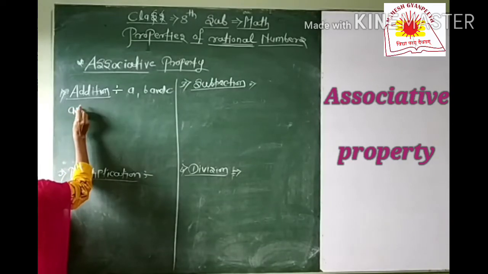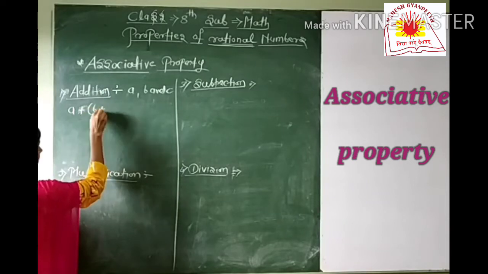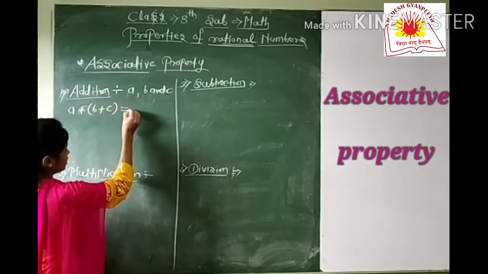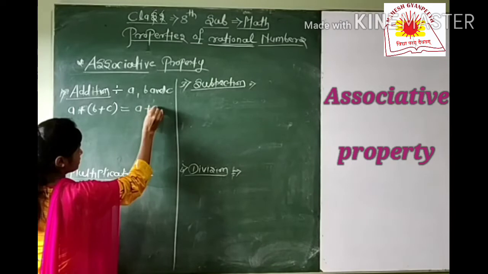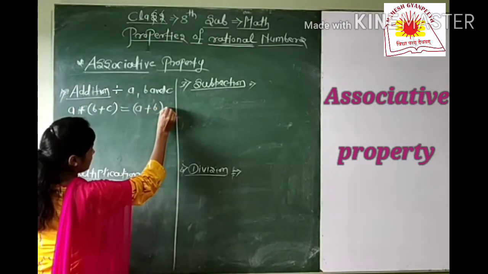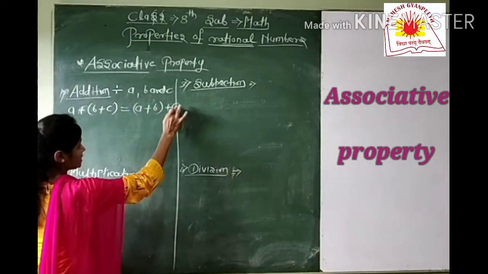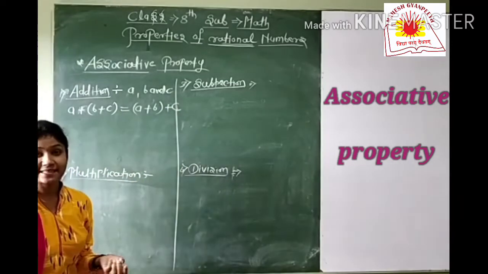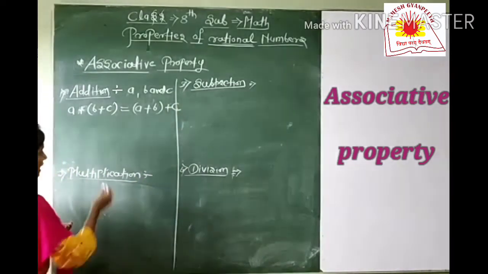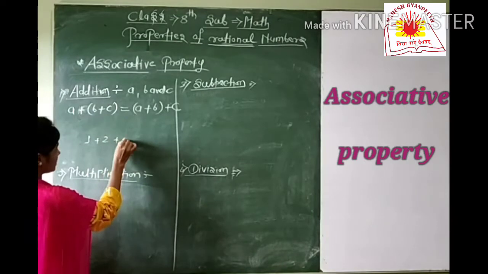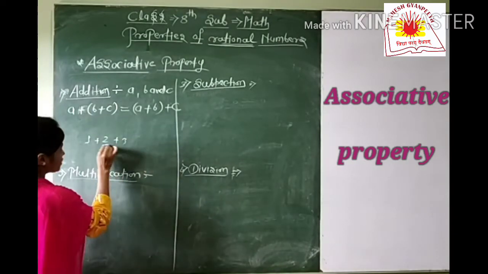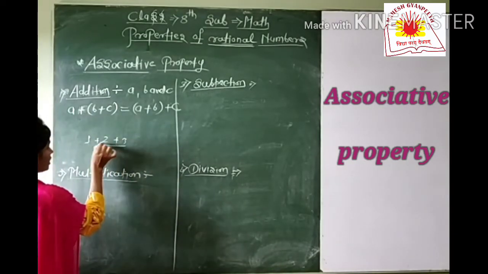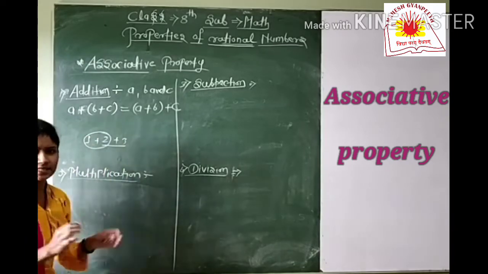A plus in bracket B plus C is equal to in bracket A plus B, plus C. When you add three numbers, for example 1 plus 2 plus 3, first you add two numbers, then you add the other two numbers.